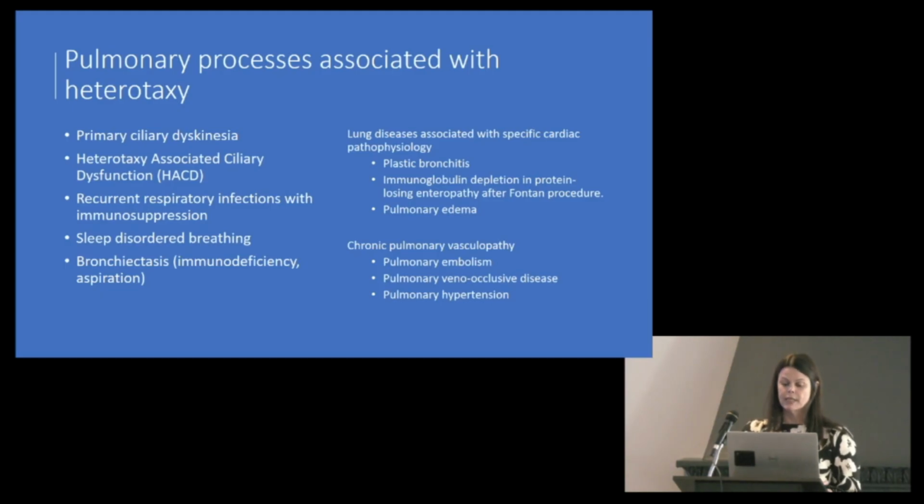Also, these patients can have lung diseases associated with their cardiac pathophysiology. For instance, patients with Fontan physiology have a high incidence of plastic bronchitis and pulmonary edema. Patients with chronic pulmonary vasculopathy can have pulmonary hypertension and pulmonary embolism.